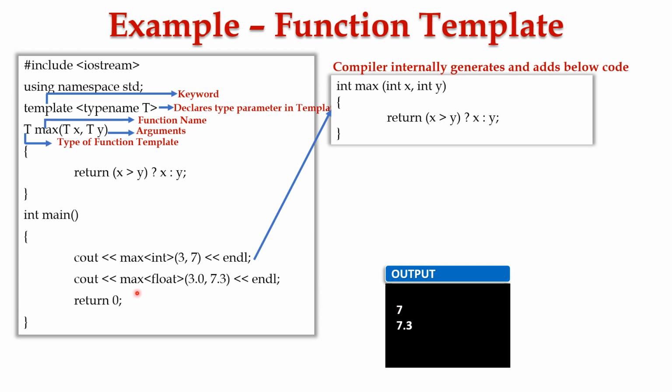Next, max<float> within angular brackets, followed by the list of arguments 3.0, 7.3. It is a function call to the max function template, explicitly specifying that template parameter T is of type float. In function template, this specifies that the function call is to the version of the max function template where T is replaced with float.